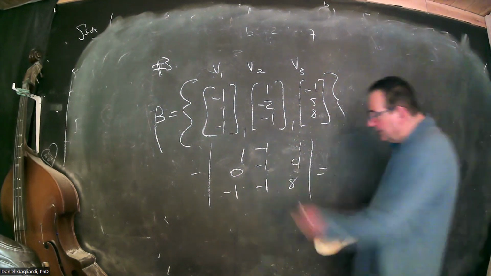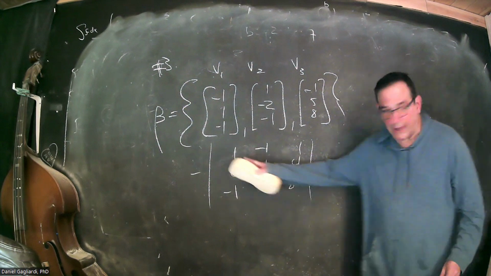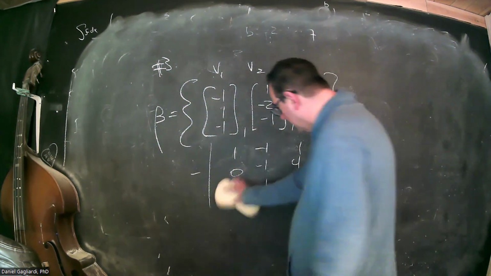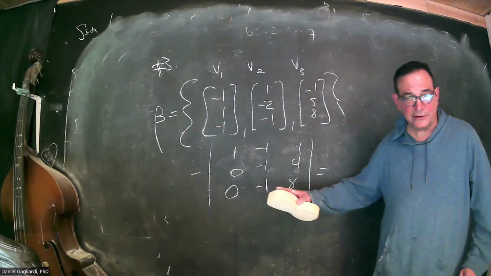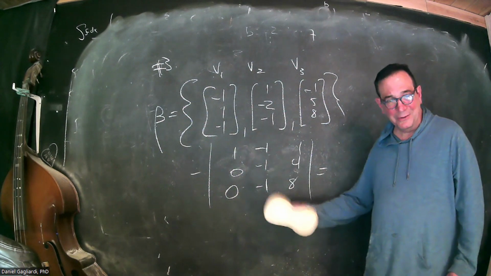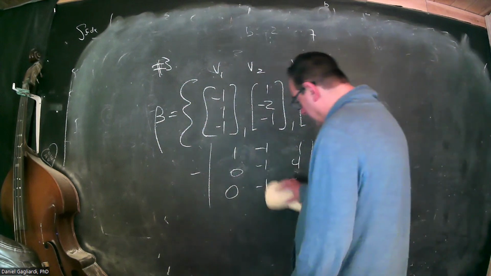Let's put some better spacing here. Now let's add row 1 to row 3. Doing so, we obtain a 0 here. Notice that this does nothing to the value of the determinant. Adding a multiple of one row to another doesn't change the determinant. That's a miraculous thing.